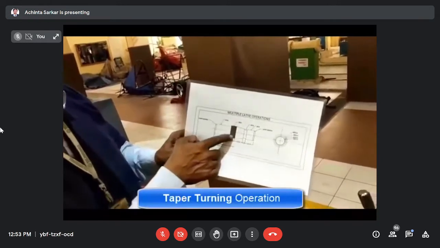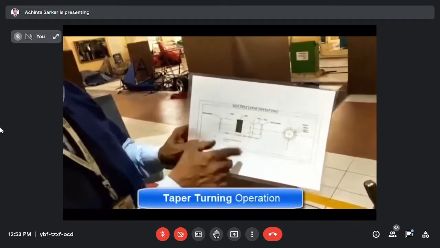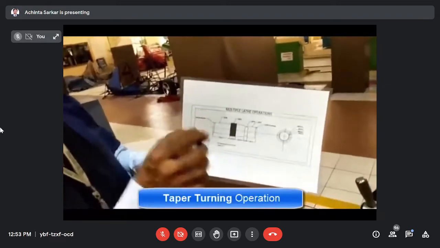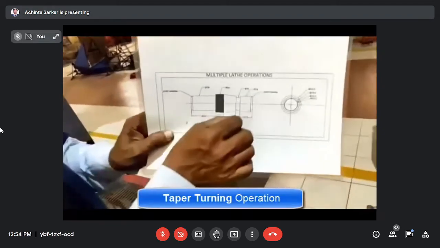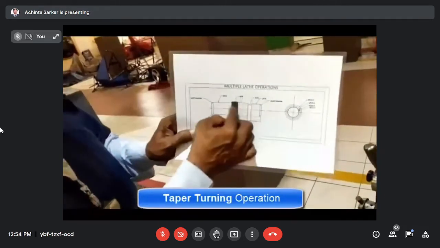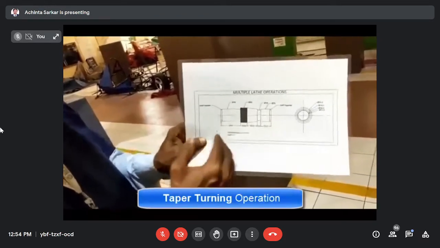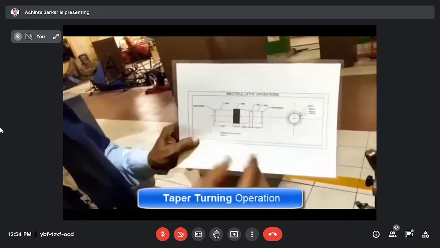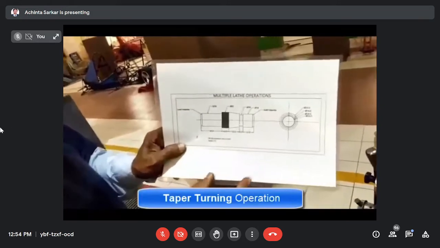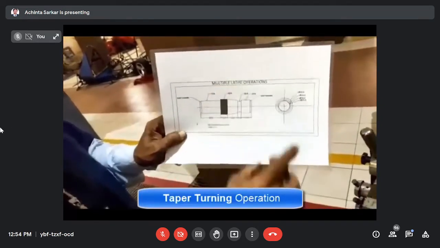The larger diameter data and smaller diameter data are given. Here you have to find the angle of the cutting tool, so that the path of the cutting tool will move angle-wise to the axis of the workpiece. In that case, you can get gradually increasing and decreasing diameter. You can get the taper operation.